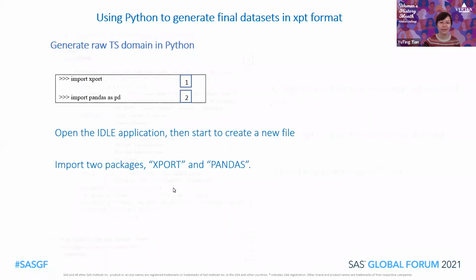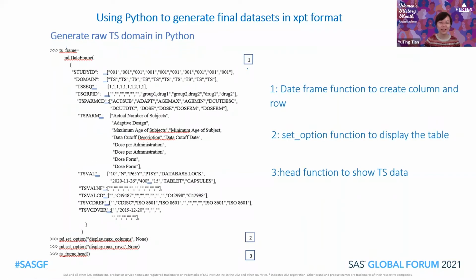So this slide shows you how to generate the raw TS domain in Python. So we use the DataFrame function. This way is very similar to how we use the data.frame function in RStudio. But the difference is we use brackets to create those values under each variable instead of the vector function. And number 2 shows you how to use the set_option function to display the complete tables.